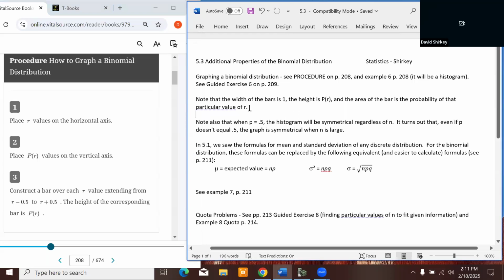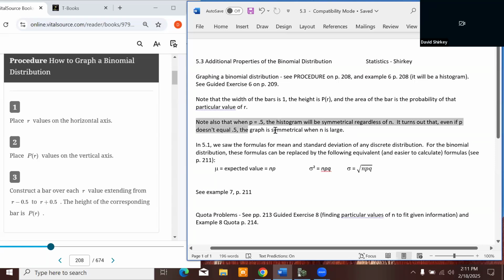That means the width of the bars is going to equal 1, and the height is going to equal P of R, whatever that happens to be. The area of the bar is the probability of that particular value of R, because the width is 1, so it's the height that gives you essentially the area.